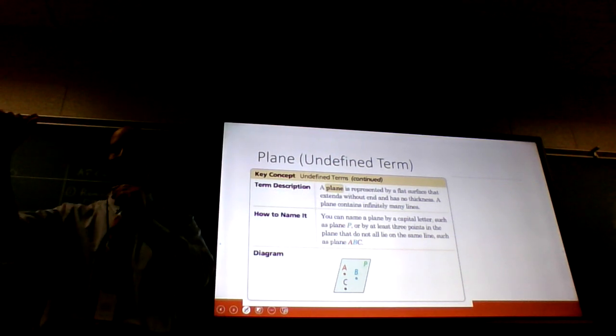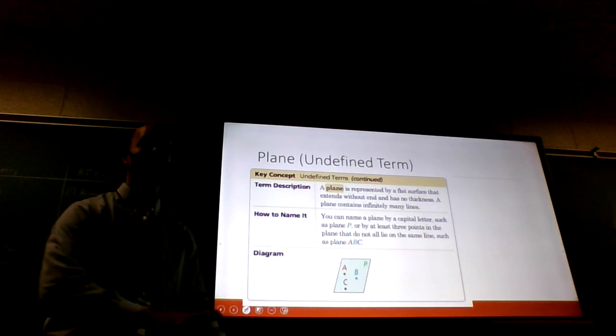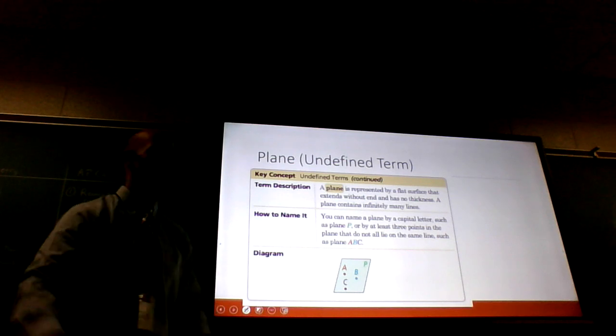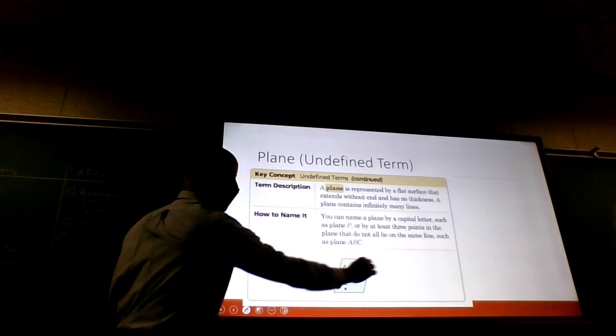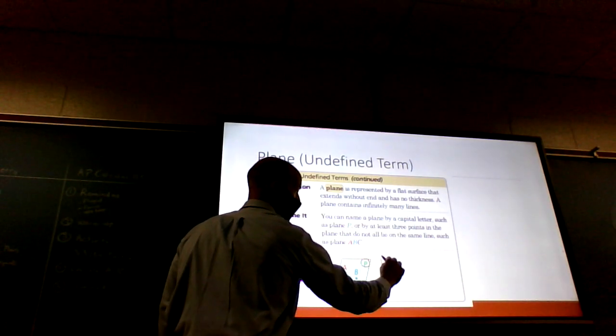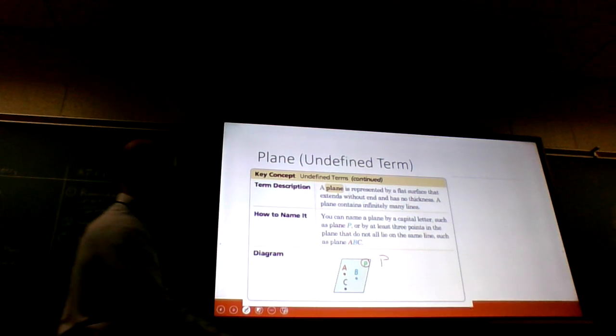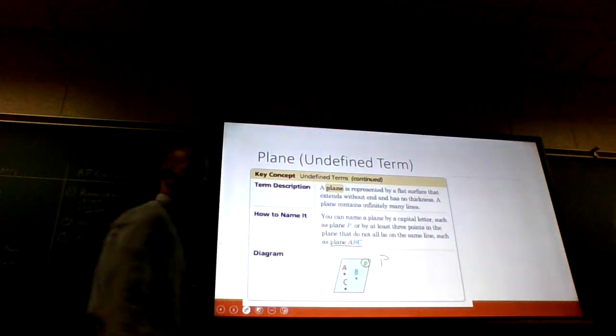But guess how thick it is? Well, it has no thickness because you can think of it as a bunch of lines, right? So we usually draw it in kind of this shape here, like a parallelogram. And here we use a capital letter that's kind of scripted. So that's plane P. The other way you could refer to this plane is just give 3 points that are on that plane.